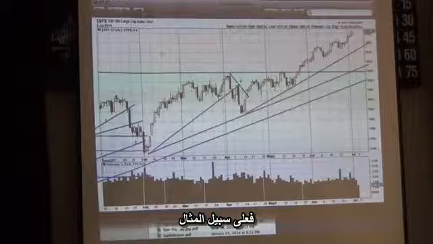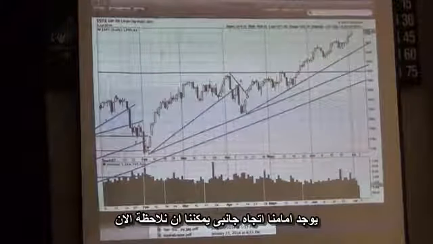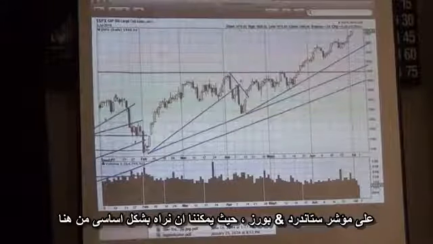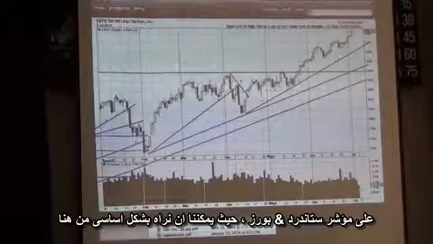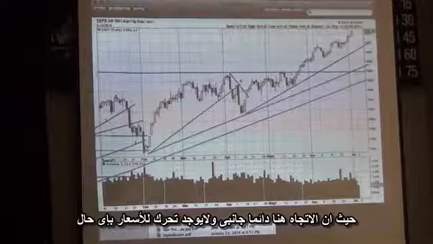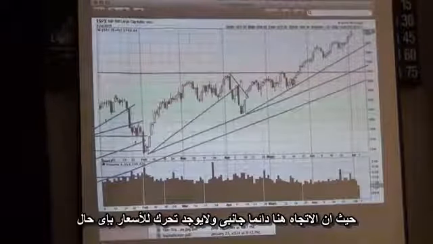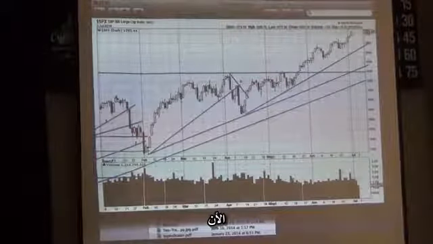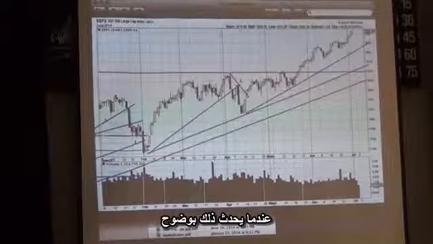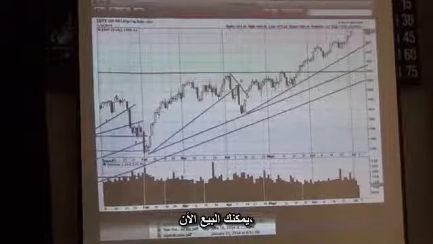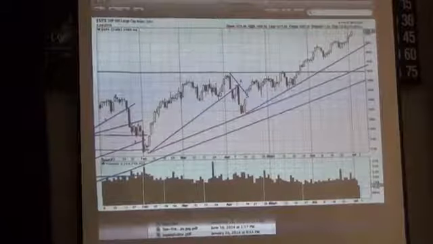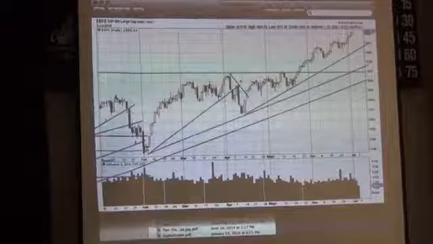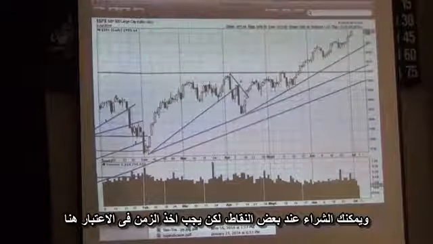For example, here's the sideways trend that we just saw in the S&P, where from basically here to here, you have sideways movement, almost no movement in price whatsoever. Now, when this occurs, obviously, you could sell straddles. You could buy straddles. At some point, there's a question of timing here.